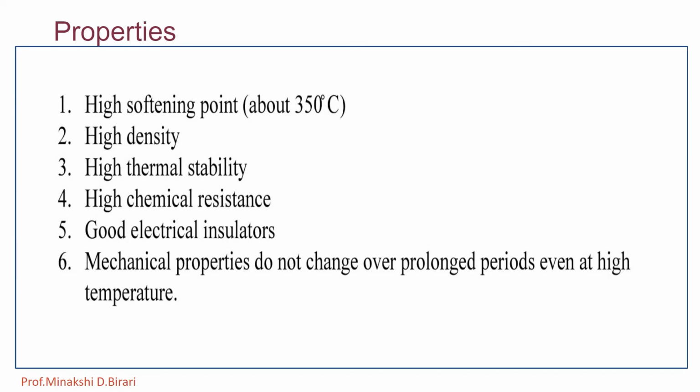It is highly crystalline and also has a high melting point of about 335 to 350 degrees Celsius. It is non-flammable, a first class electrical insulator, and self-lubricating. It is also highly viscous and does not flow readily. So these are the different properties of Teflon.